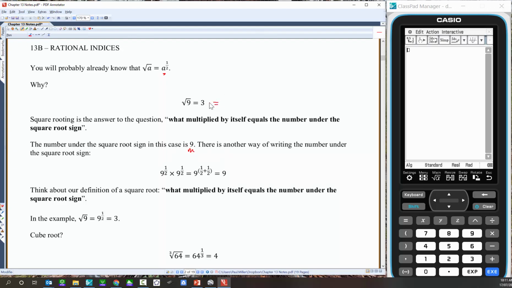It can also be written as 3, or we can write it as 9 to the half times 9 to the half. Now why are we allowed to do that? Well, what is 9 to the half times 9 to the half? That equals 9 to the 1, i.e. the number underneath the square root sign.